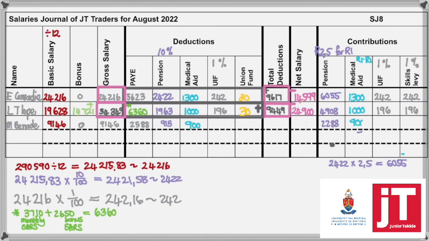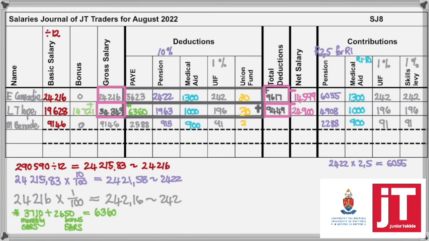Medical aid deduction is given 900 Rand and the contribution is the same, so copy paste. Then UIF, 1% of your total basic salary. So 1% of 9,146 Rand is 91 Rand if you round it. So that will be your UIF and skills development.